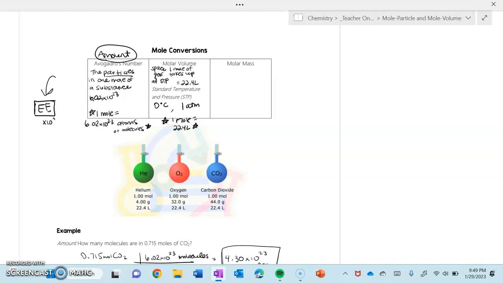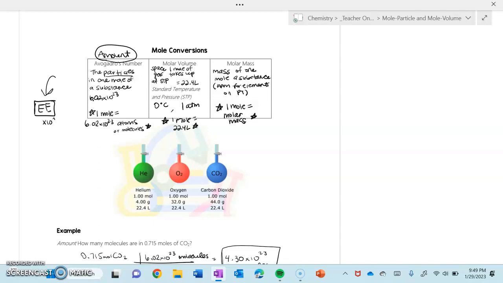And this is molar mass, and that we defined as the mass of 1 mole of a substance equal to the average atomic mass for the elements on the periodic table. And if you're finding the molar mass of a substance, you add the sum of all of its atoms, and we can use molar mass to convert between grams and moles. So our conversion factor here is 1 mole equals the molar mass of your compound or element.